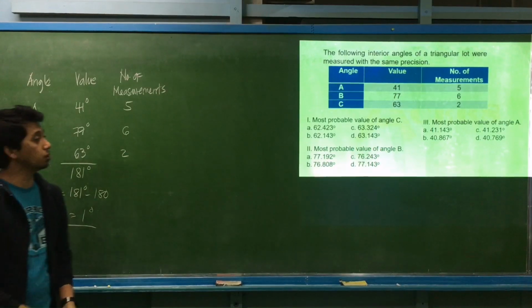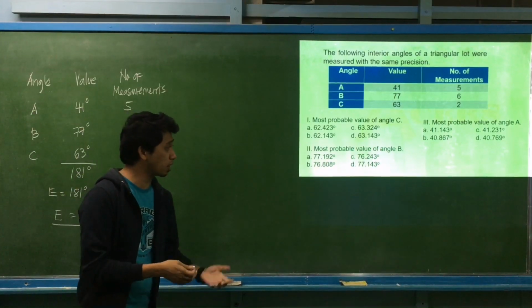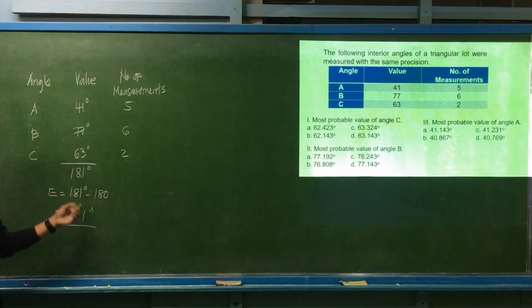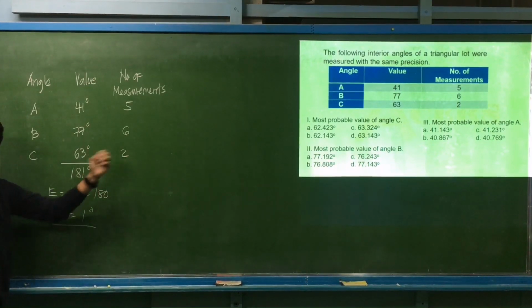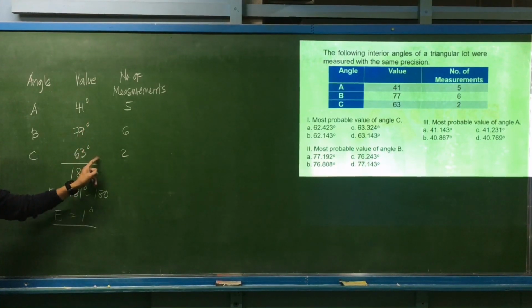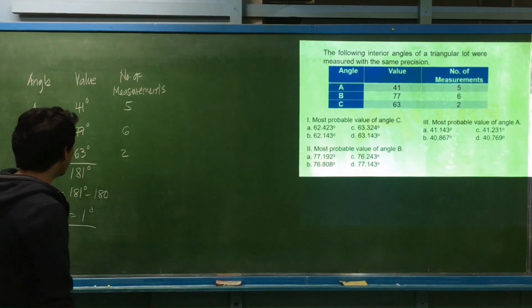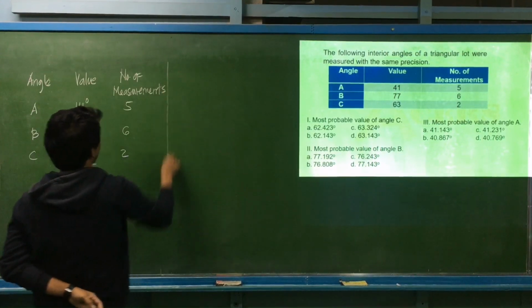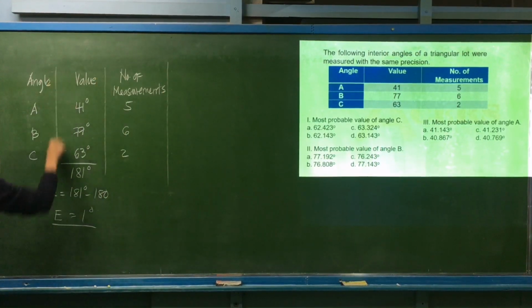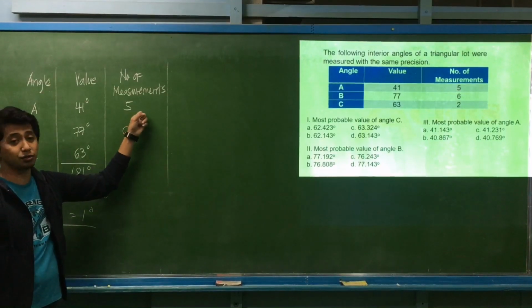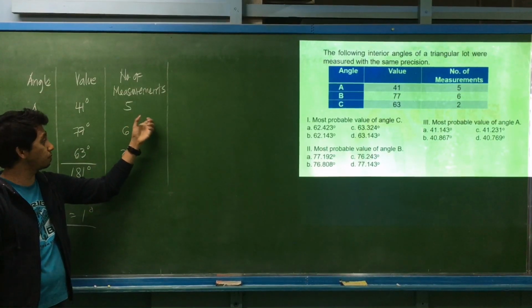Okay, how do we distribute the correction? Since it exceeded by 1 degree, we subtract per angle. What is used here is the reciprocal of the number of measurements. Why reciprocal?